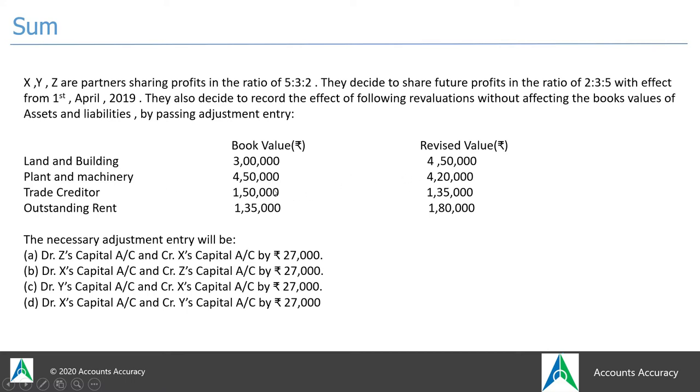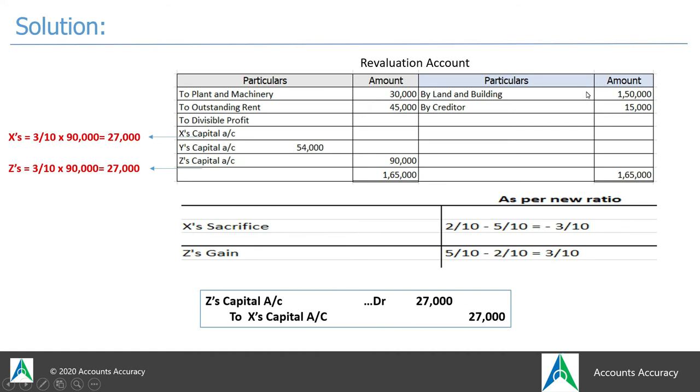So it should be shown at the debit side of your revaluation account because it is a decrease in asset. Again, trade creditor value has decreased. So this is a liability and that's why it has to be shown at the credit side of revaluation account because it's a decrease in the value of liability.